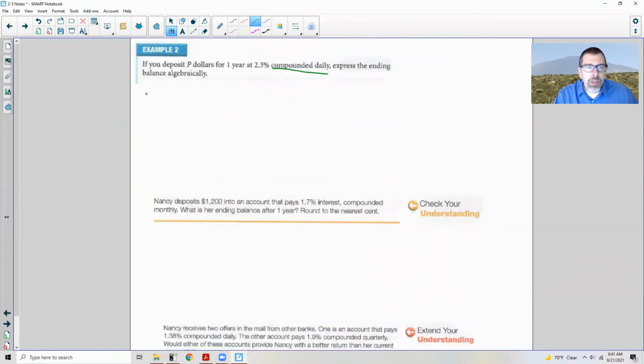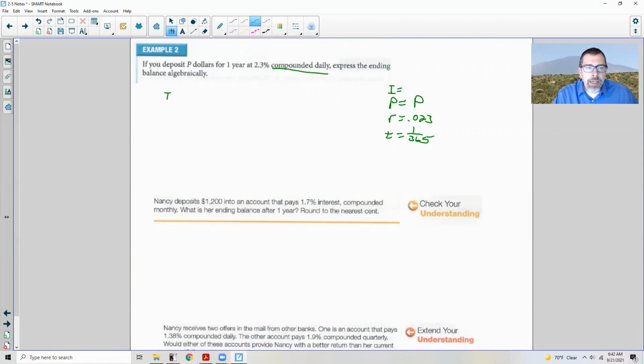So if I write over here, I equals, P equals, R equals, and T equals, the rate is 0.023. Compounded daily is 1 over 365. Principal is P. That we don't know, it's just a dollar value.